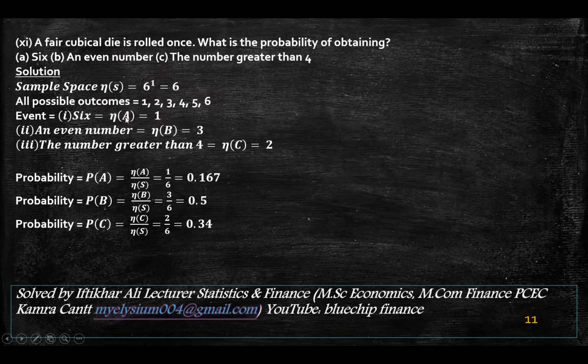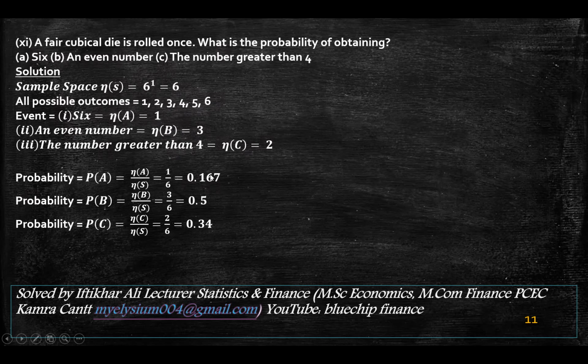You can assign any alphabet to the event except S, because S is reserved for sample space. So we assigned A for 6, so 6 appeared one time. Even numbers are 2, 4, and 6, so 3 even numbers. Alphabet B is assigned to the even number, so 3. The numbers greater than 4 are 5 and 6, 2 numbers.